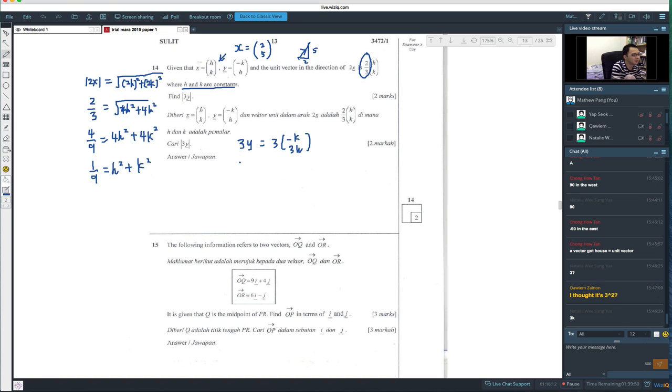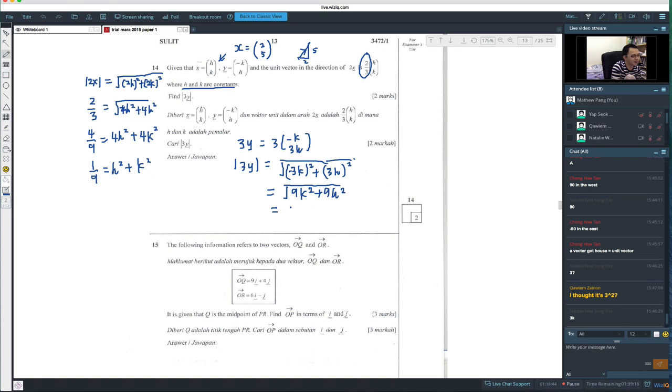So the magnitude of 3y is just the square root of 3k squared, even if it is negative, it's squared, plus 3h squared. So over here you will get the square root of 9k squared plus 9h squared.